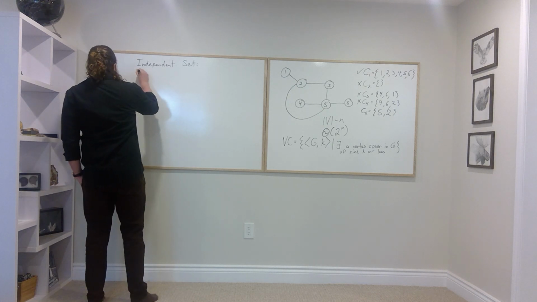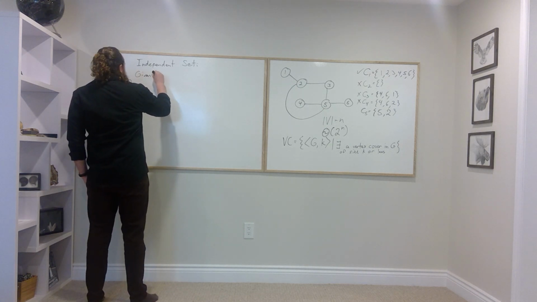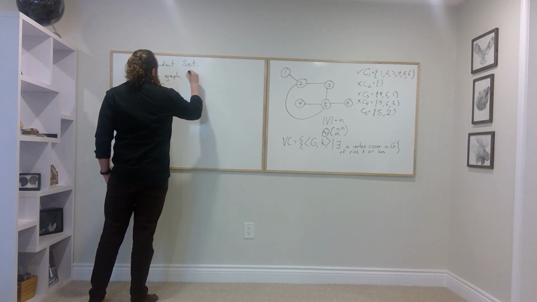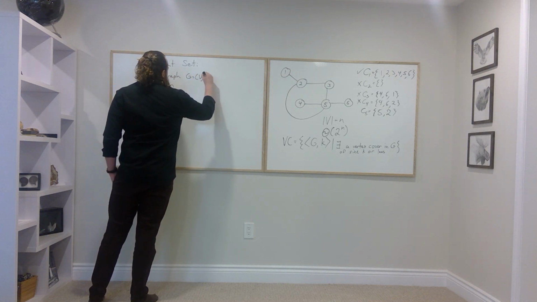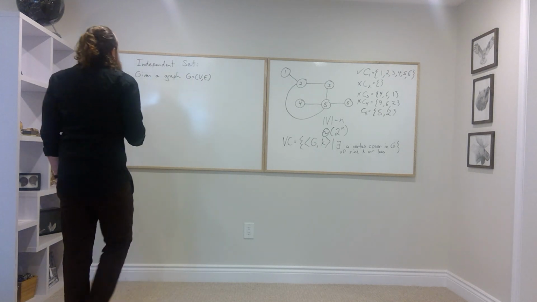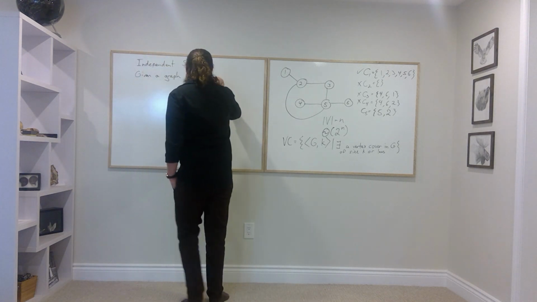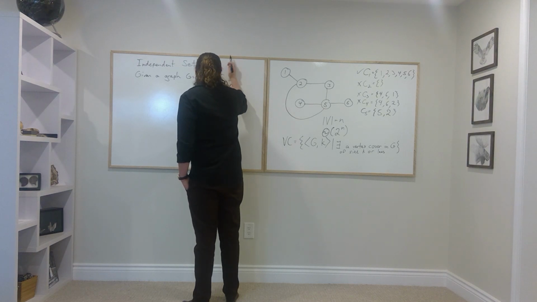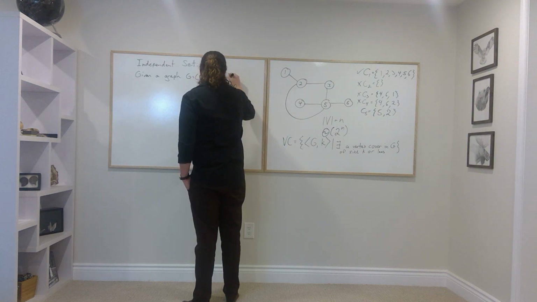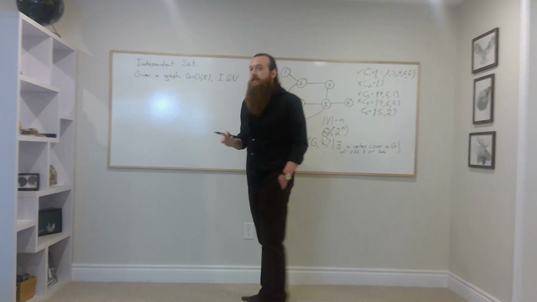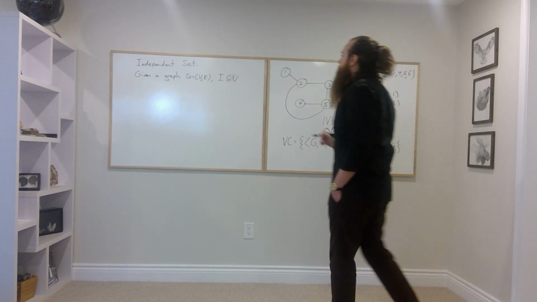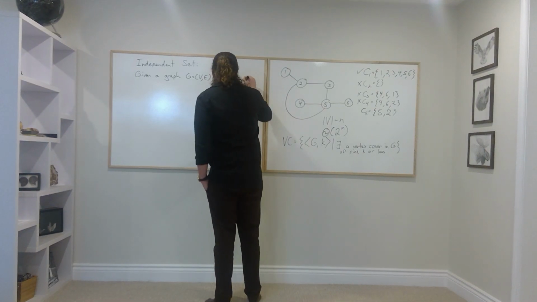So, given a graph, G equals (V, E), that's what a graph is. I'll call it I, again, it's going to be a subset of V. So I is just a set of vertices. An independent set is just a set of vertices.